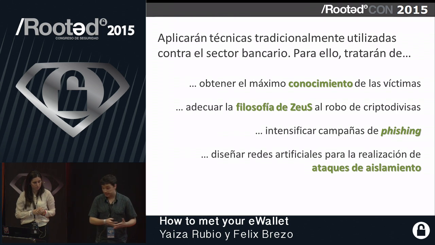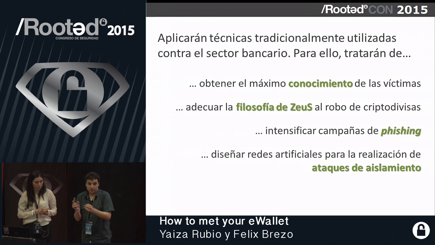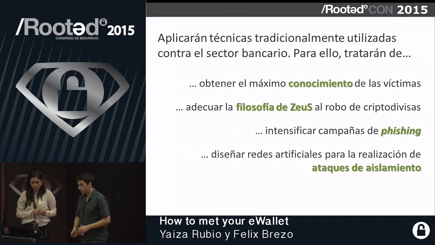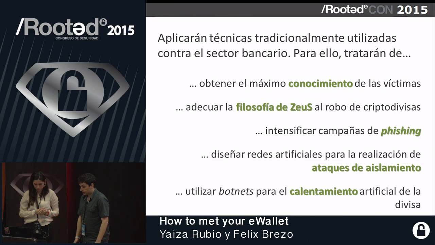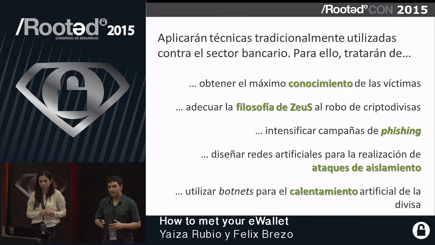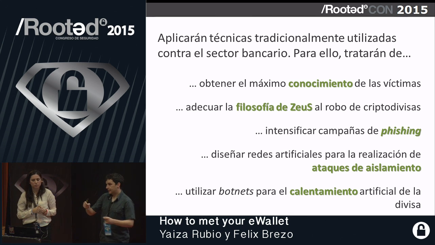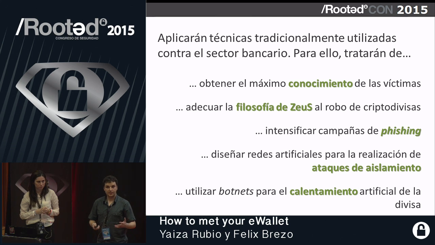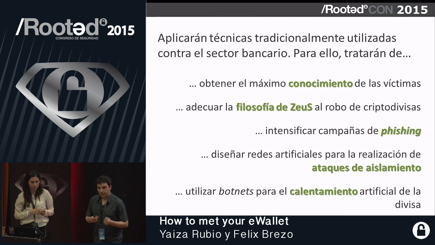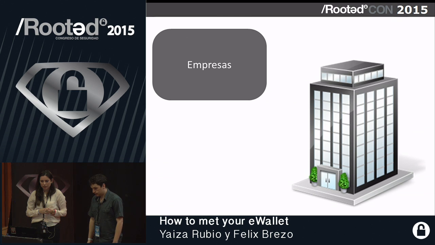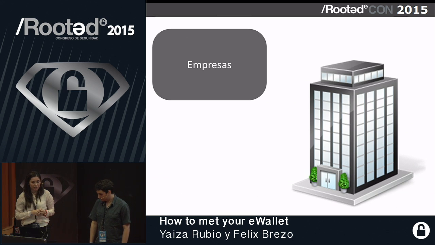And also, the characteristics of these cryptocurrencies will allow a number of attacks, for instance, isolation attacks. Using automatic tools will also allow attackers behind botnets, or those who have a good understanding of the network, to carry out artificial mining or hitting the currency artificially just to increase its value.